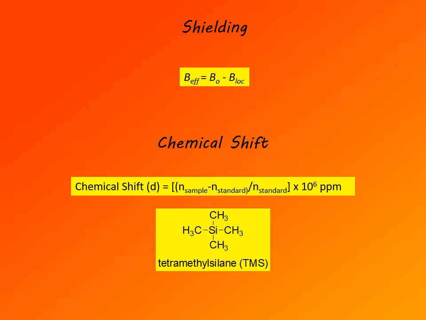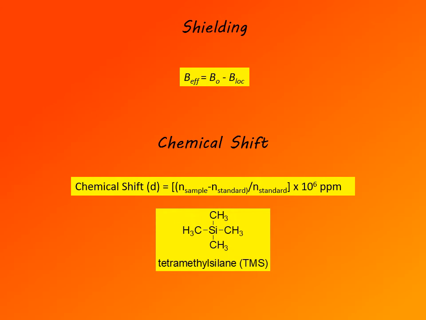tetramethylsilane, or TMS. Tetramethylsilane is extremely useful as a standard because, first, it has 4 methyl groups, that means 12 protons. 12 protons are identical and they give a very strong signal because there are 12 of them and they are the same. It's one signal and it's very strong. So we have to use only a small amount of standard to obtain a signal.